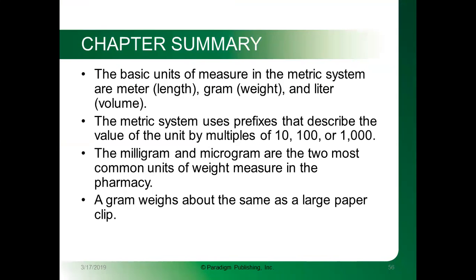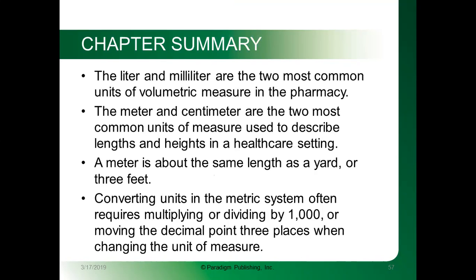A gram weighs about the same as a large paper clip. The liter and milliliter are the two most common units of volumetric measure in pharmacy. The meter and the centimeter are the two most common units of measure used to describe length and height in healthcare settings. A meter is about the same length as a yard, or 3 feet.